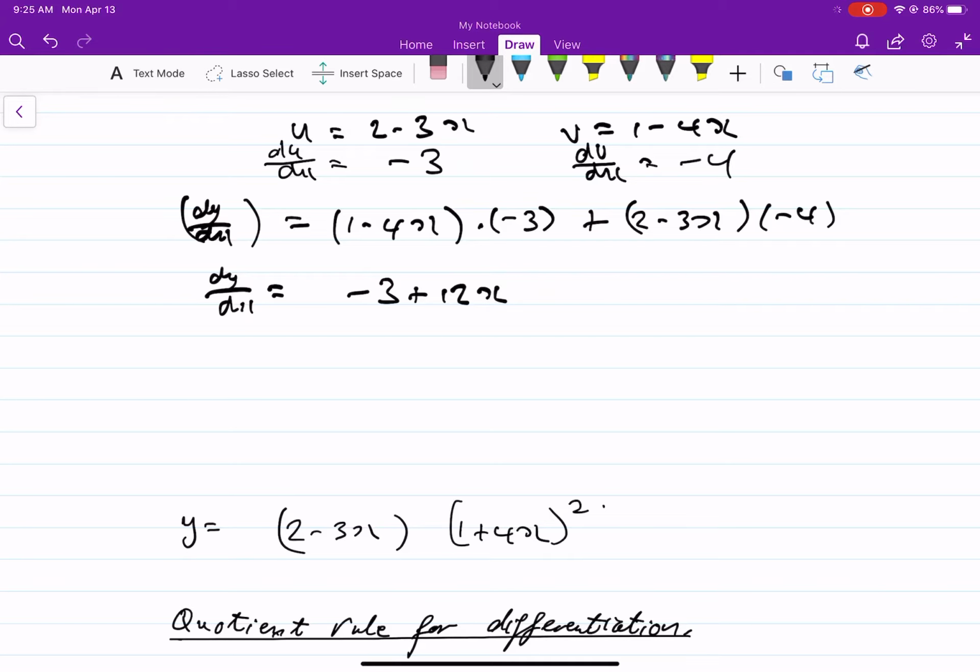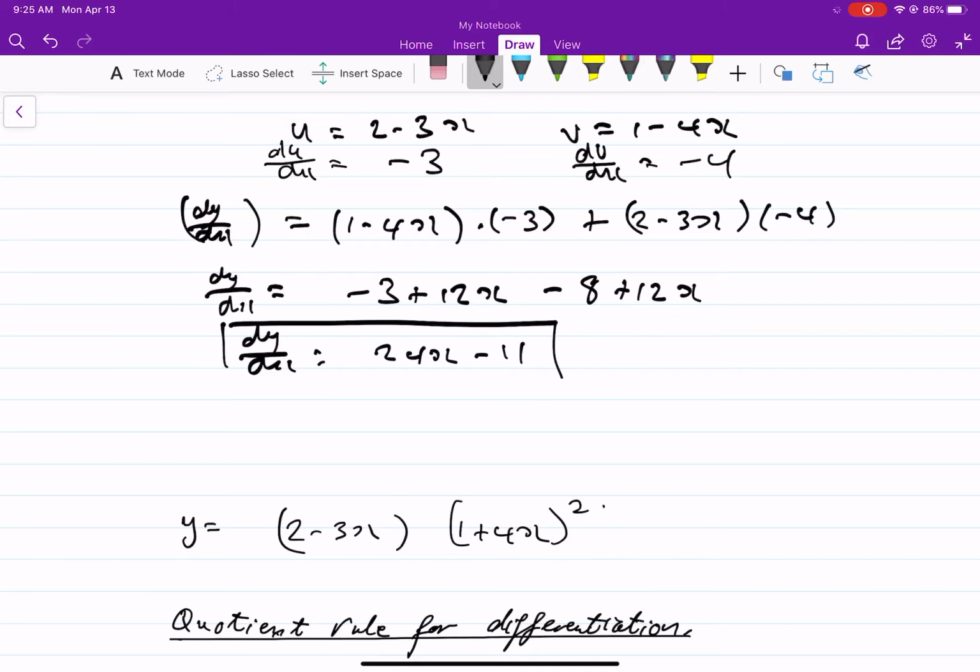So double check, make sure all these multiplications and opening brackets and so on are okay, and let me know if you find an error. Minus 4 by 2 is minus 8. And minus 3 by minus 4 is plus 12x there. dy/dx is therefore 12 and 12, that looks like 24x. And minus 3 and minus 8 is minus 11. That's your dy/dx.